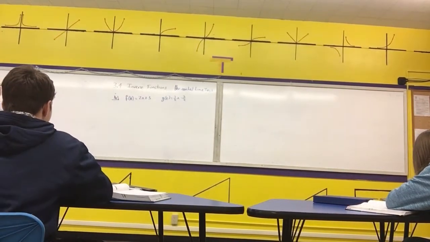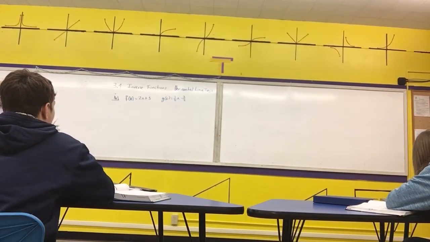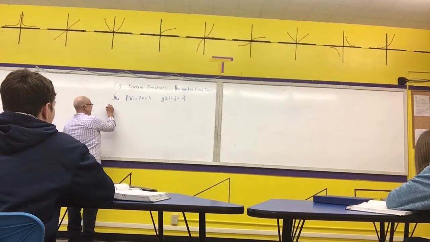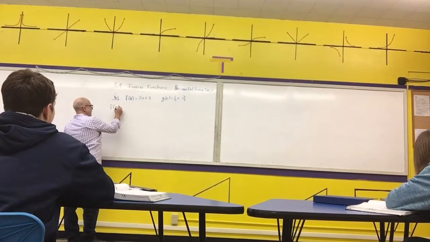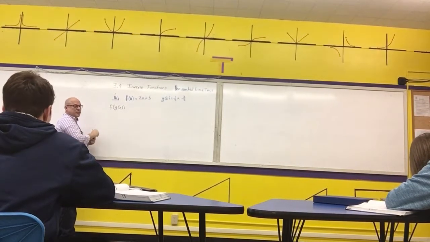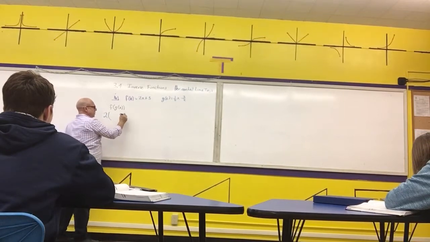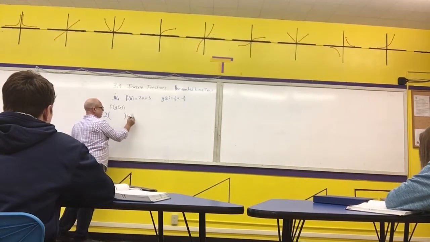Okay? So what I need to do is write f of g of x and g of f of x. So f of g of x. It says to write down the outside function, except where there's an x, put parentheses. So I'm going to write 2, open parentheses, close parentheses, plus 3.